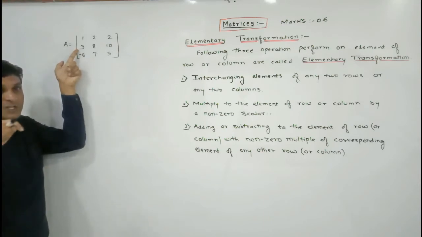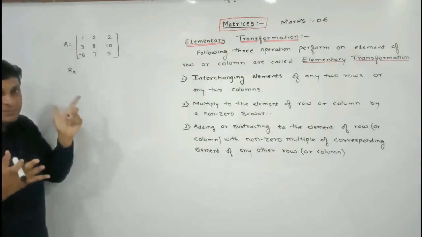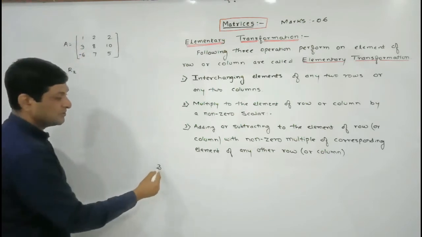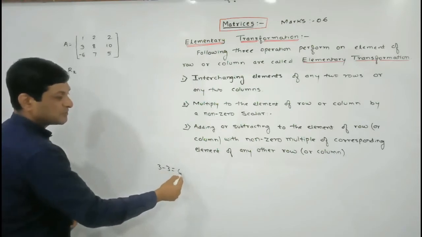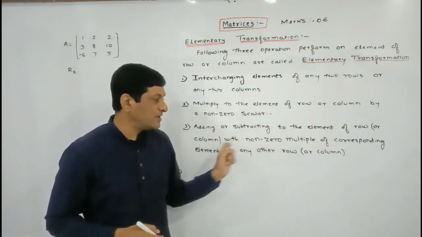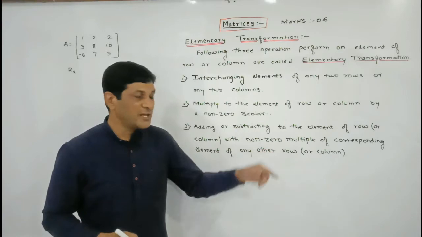If we want 0, from 3 we have to subtract 3, because to convert 3 into 0 we have to subtract 3 from 3. Now this addition or subtraction can be done with a non-zero multiple of the corresponding element of any other row.